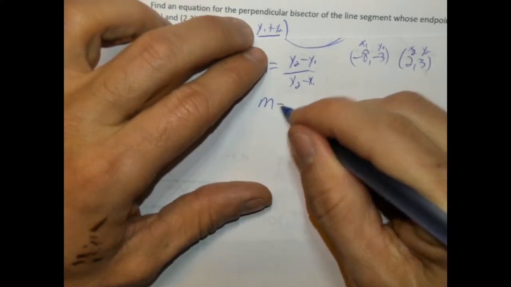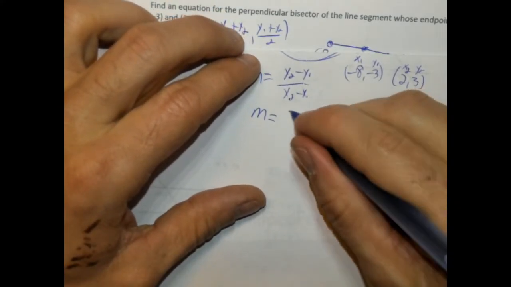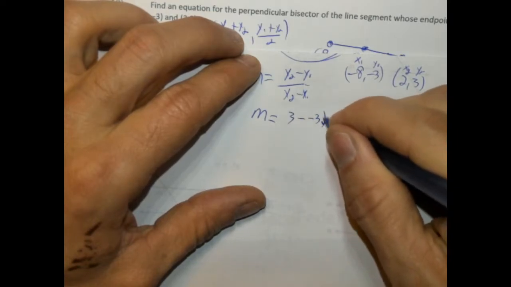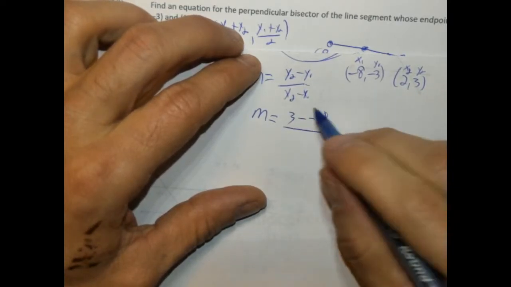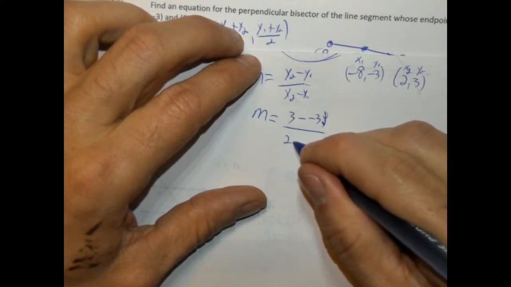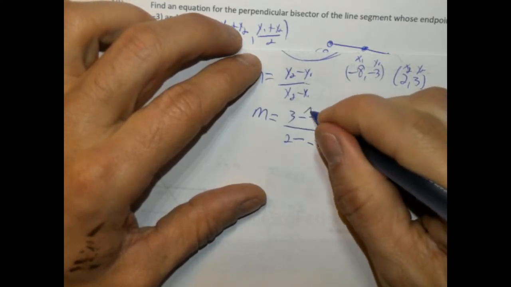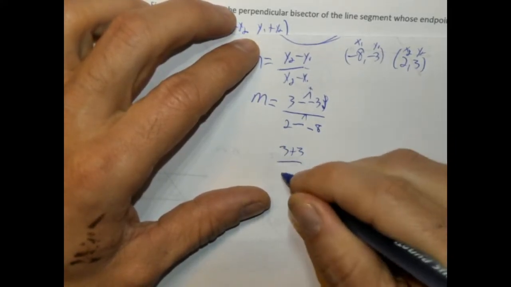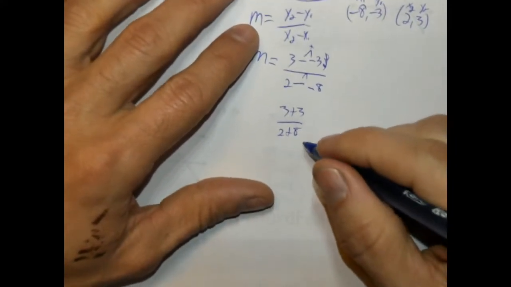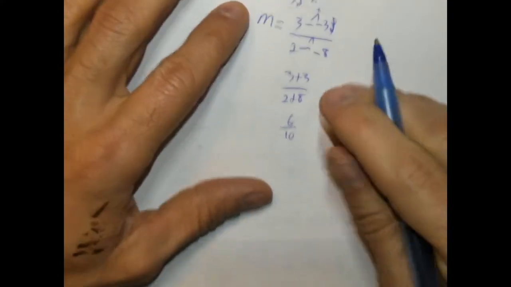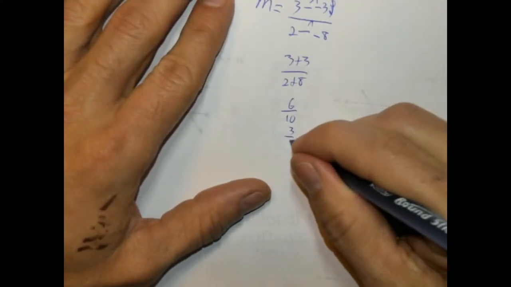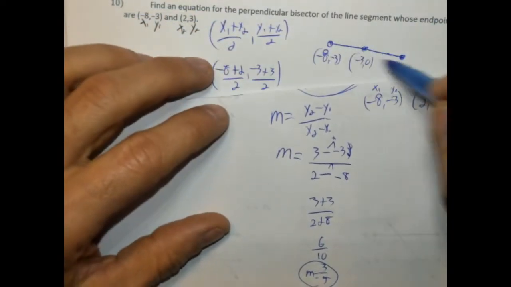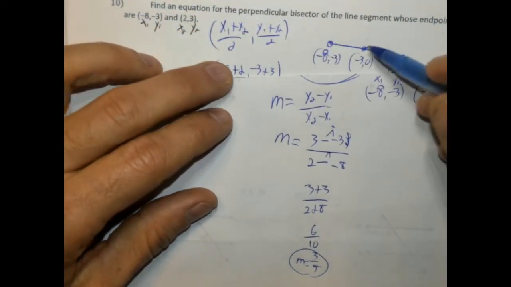So m is going to be equal to 3 minus -3 over 2 minus -8. So these are both going to change. So 3 plus 3 over 2 plus 8, which is going to be 6 over 10, which is 3 over 5. Okay, so the rate of change of this is 3 over 5.